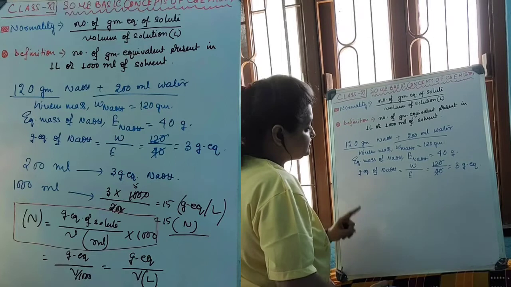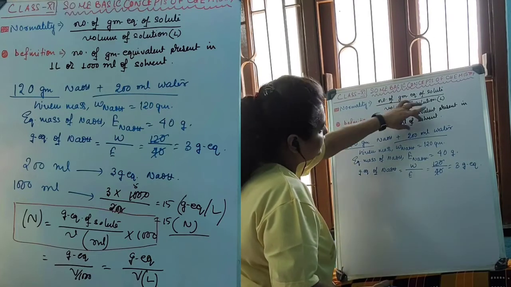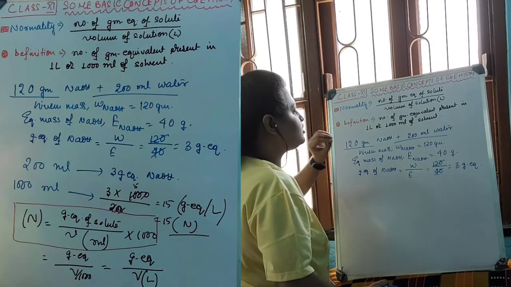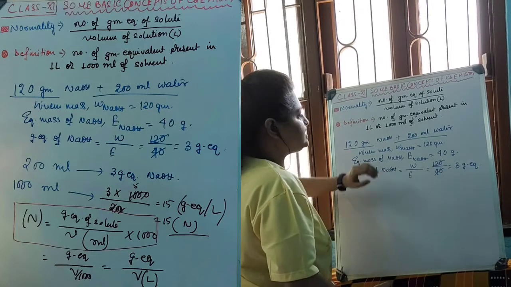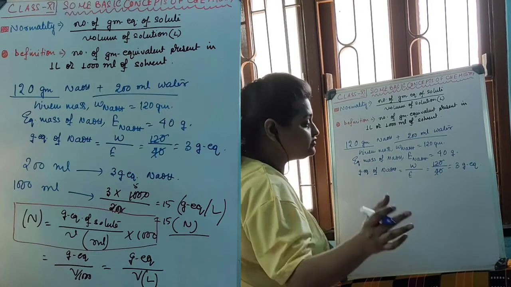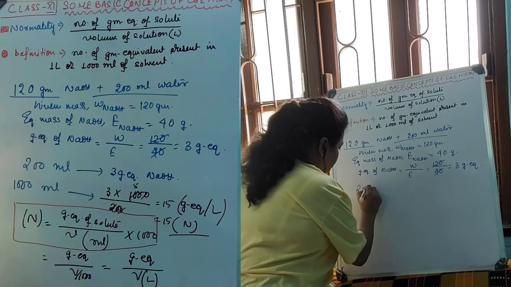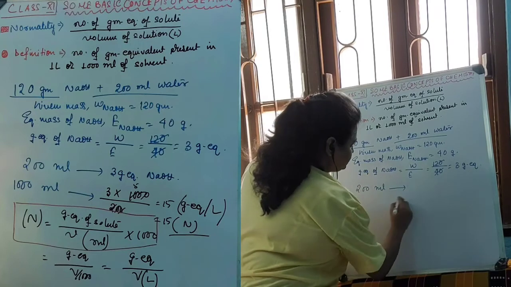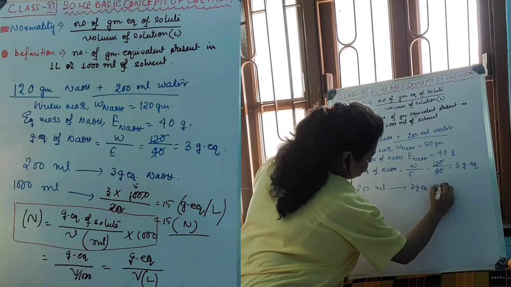Now to represent the strength of the solution, I need to convert this 200 ml of solution into 1000 ml of solution. I need to express this amount of NaOH in 1000 ml of solution. 200 ml of solution contains 3 gram equivalent of NaOH.